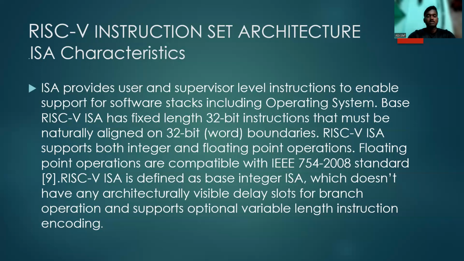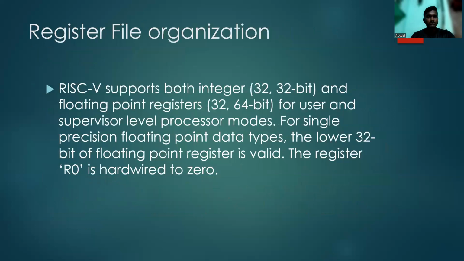RISC-V ISA is defined as base integer ISA, which doesn't have any architecturally visible delay slot for branch operations and supports optional variable length instruction encoding. Register file organization.